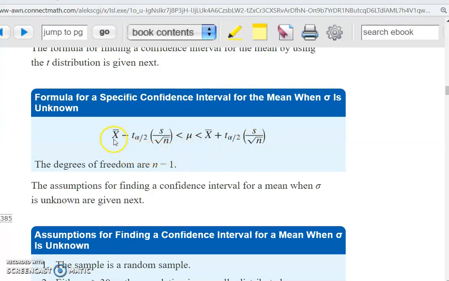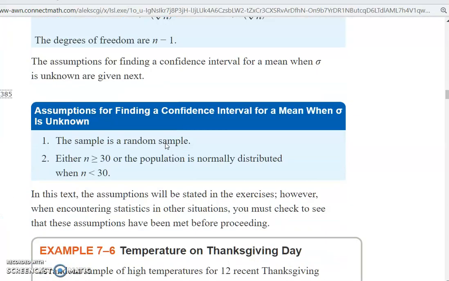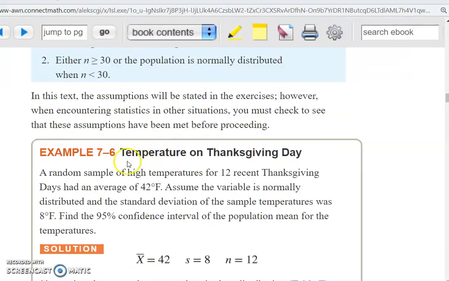You know what the x bar is. This is the guy we get off of the table. s is what we calculate. That's the standard deviation of the sample. n, of course, is the sample size. Okay, so next we're going to do example 7.6. It always makes a lot more sense when you have an example to work with.